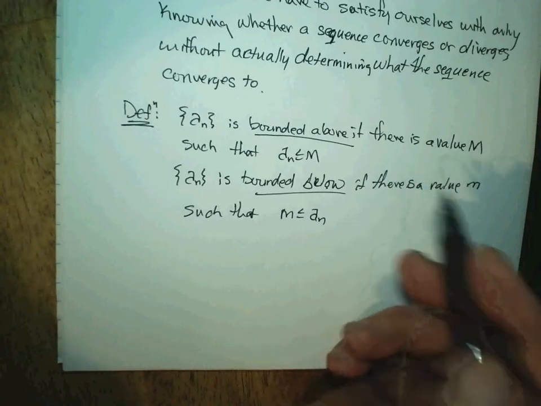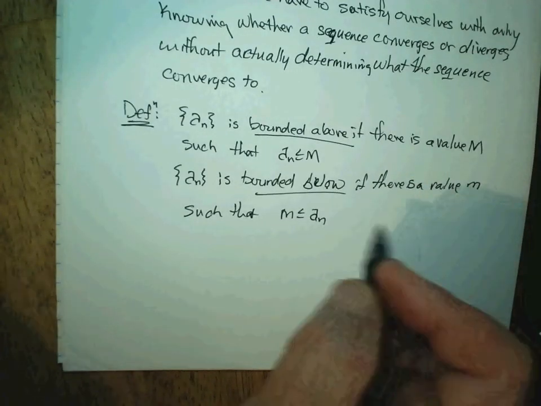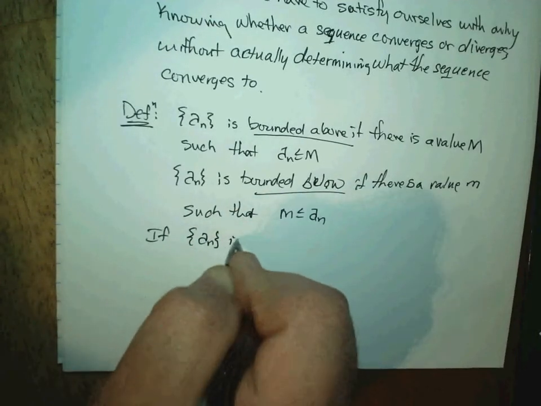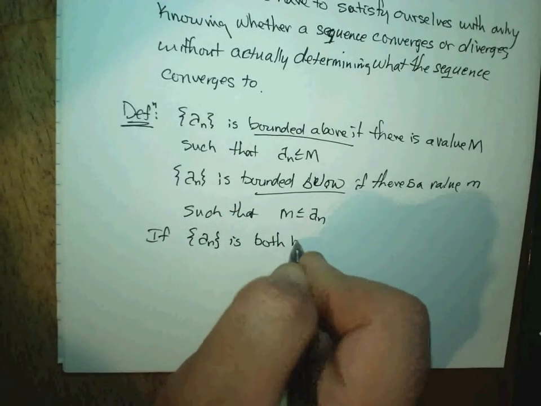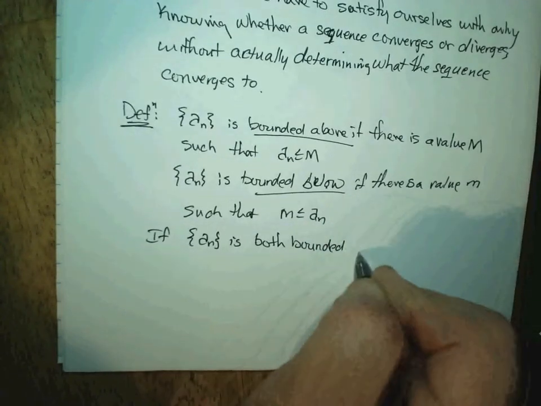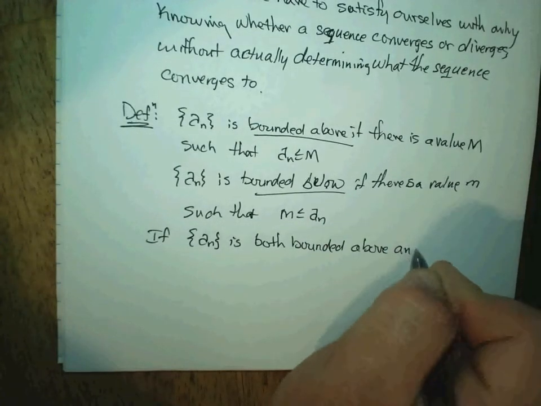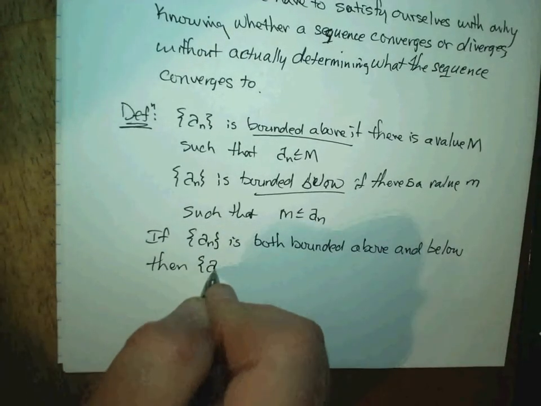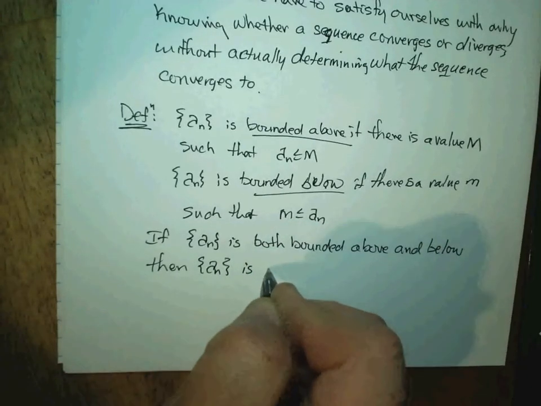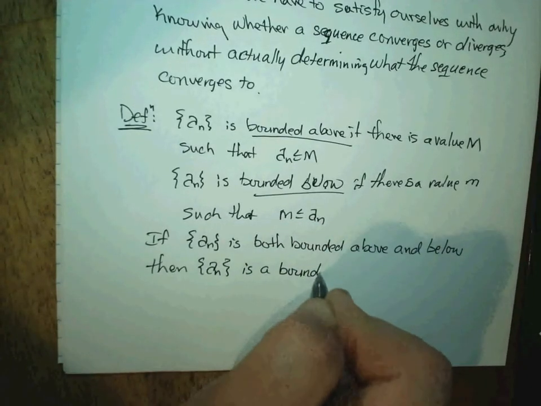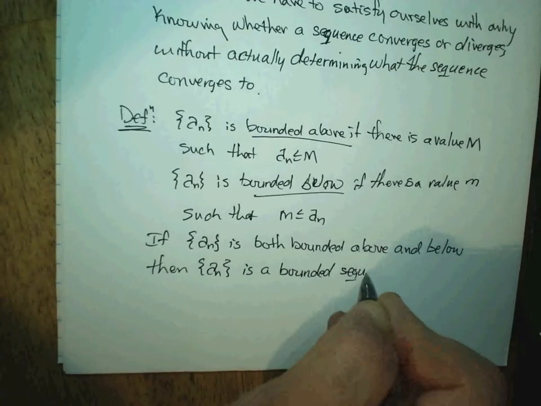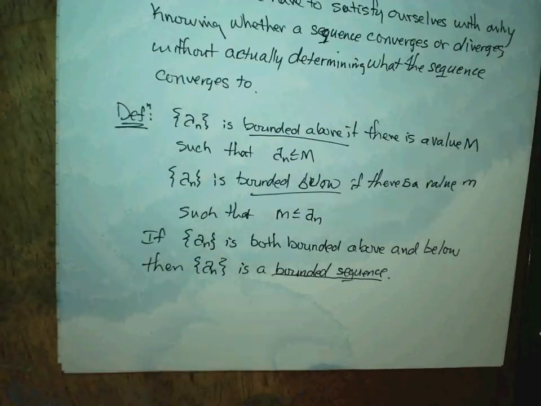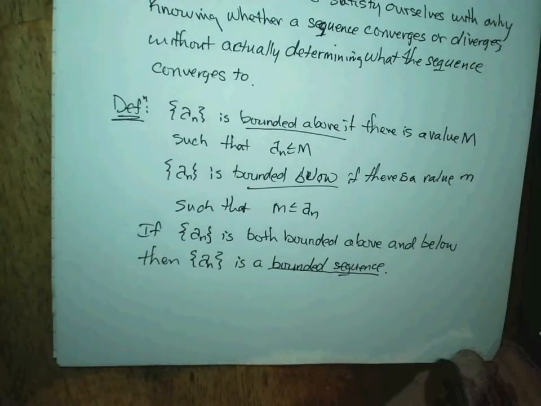Now, if a sequence is both bounded above and bounded below, then we just say it's a bounded sequence.